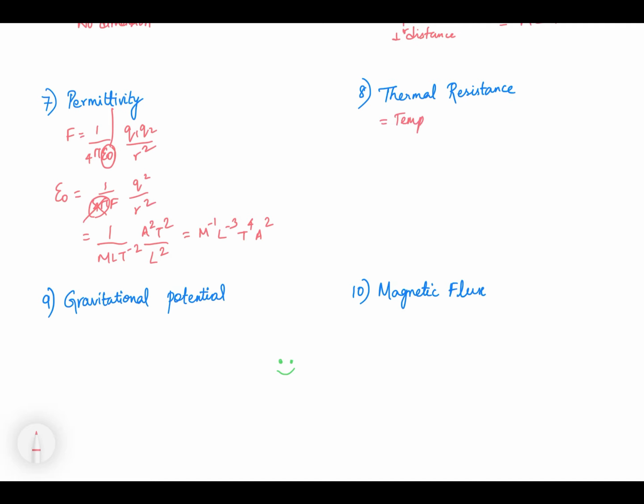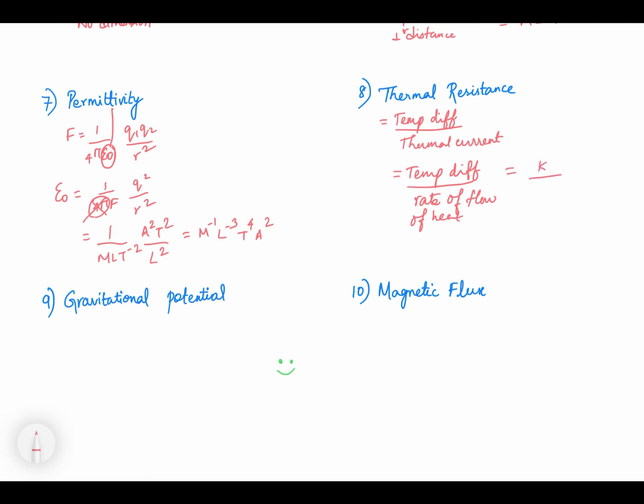If you see the dimension of thermal resistance, it becomes temperature difference by thermal current. So you can also say it as temperature difference, that is same, and this thermal current, instead of that, it can also be rate of flow of heat.